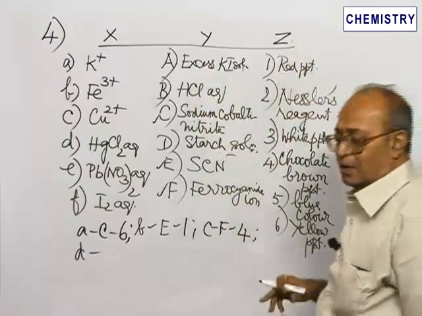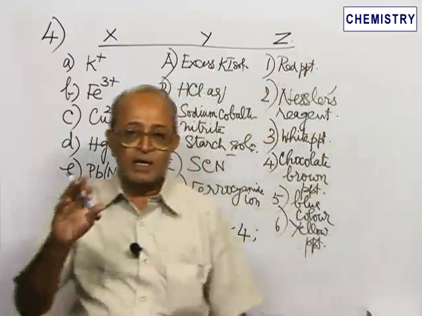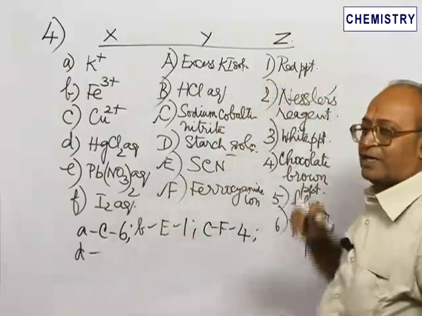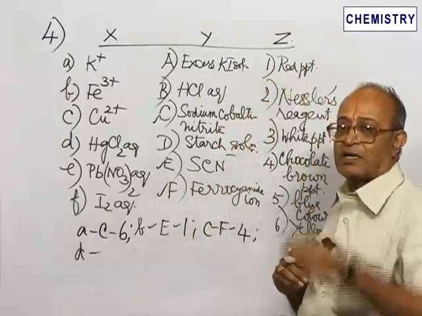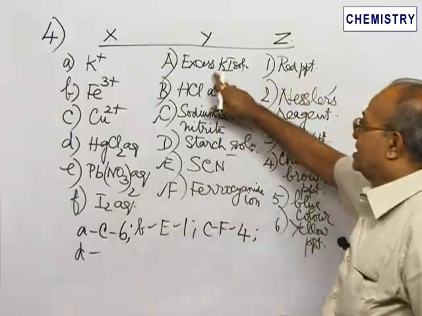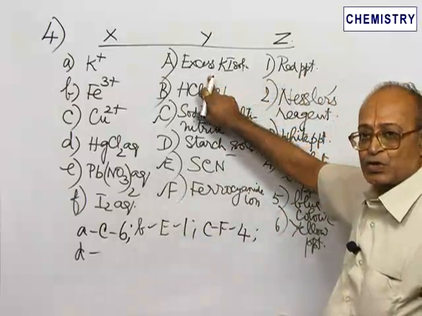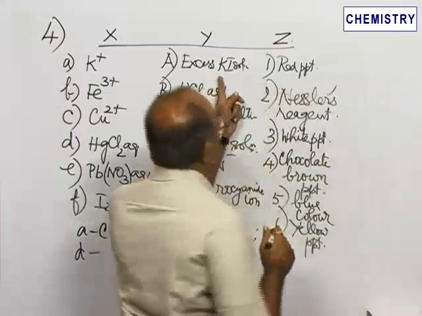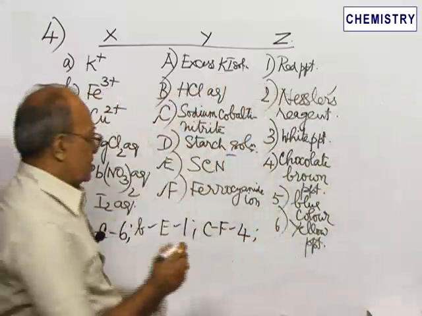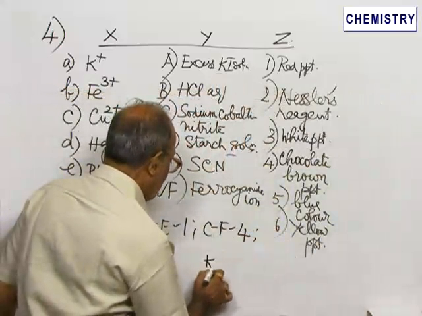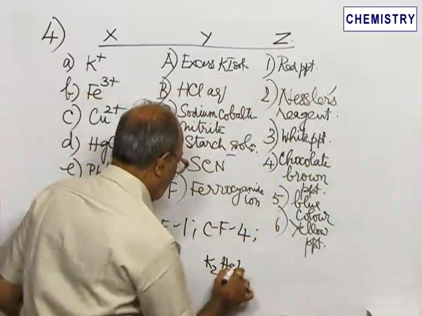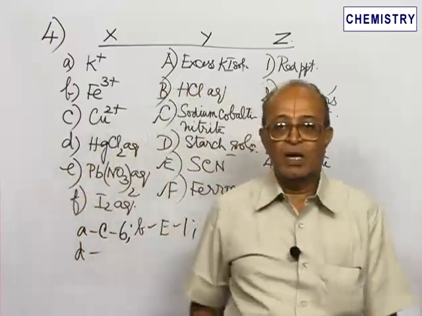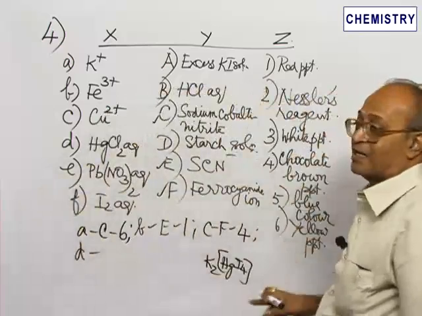But under column Z, a clear solution is not given. Red precipitate is given, but that is not the correct answer, because it is excess KI that is used. That means the clear solution is K2HgI4. This is a colorless solution, but here in the answer it is not given.